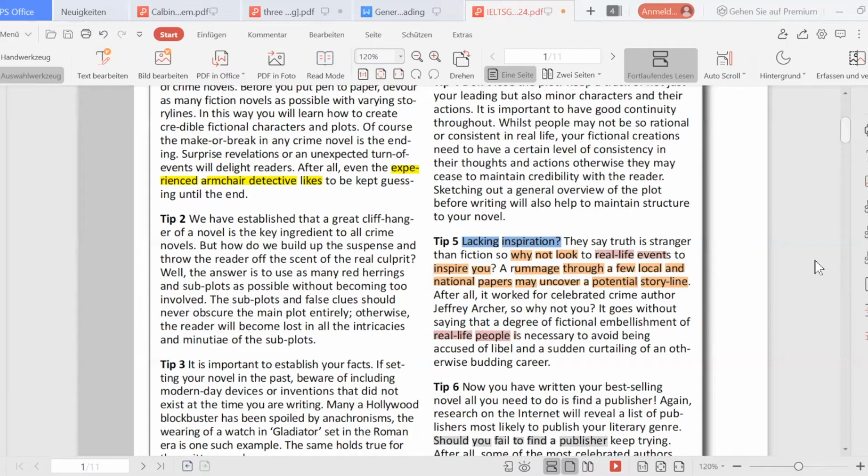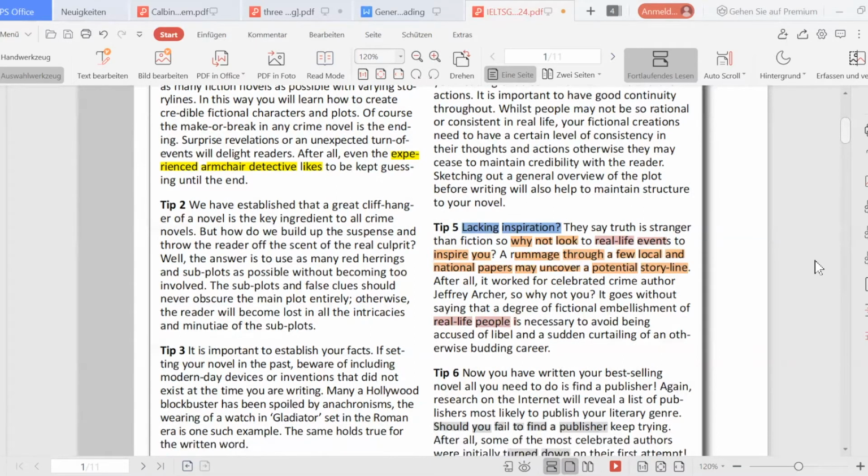So he's not saying that you should always look to real life events, but you should only do so in the case that you lack inspiration. Do you see that? It's quite difficult to see, but this is it.